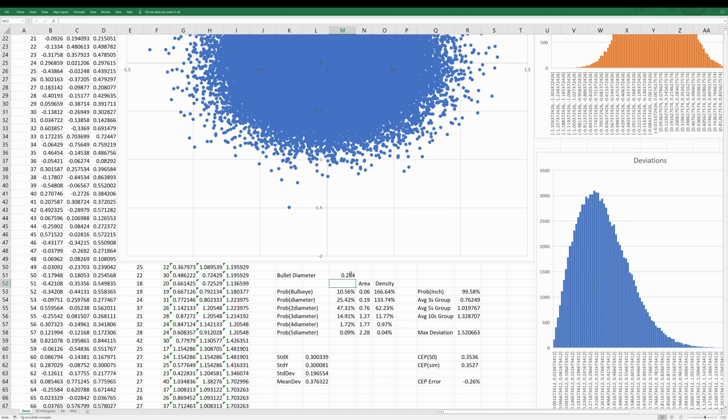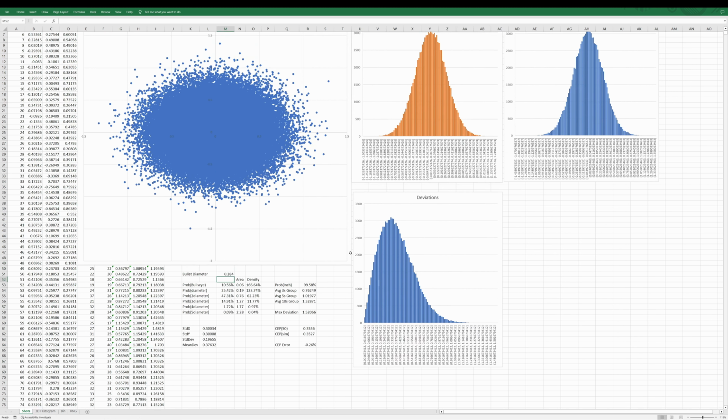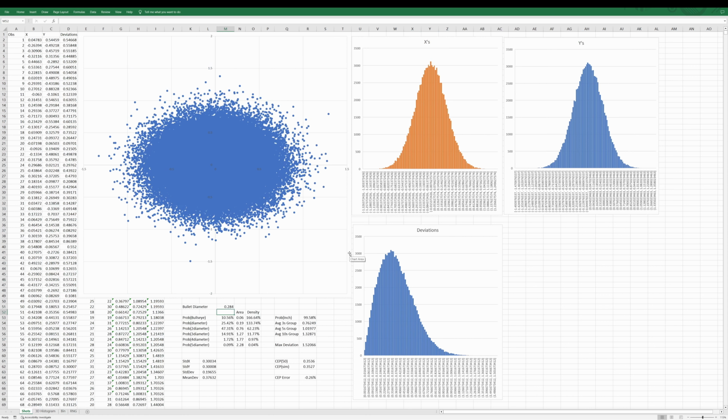But anyway, I think I've probably gone into this in depth enough. I will upload this sheet so that you can play around with it. And if anybody sees any errors I made, please let me know. I think I did everything correctly based on standard ballistic assumptions. I mean, the one caveat is that the standard ballistic assumption that X and Y are both equal in standard deviation is probably a little flawed.